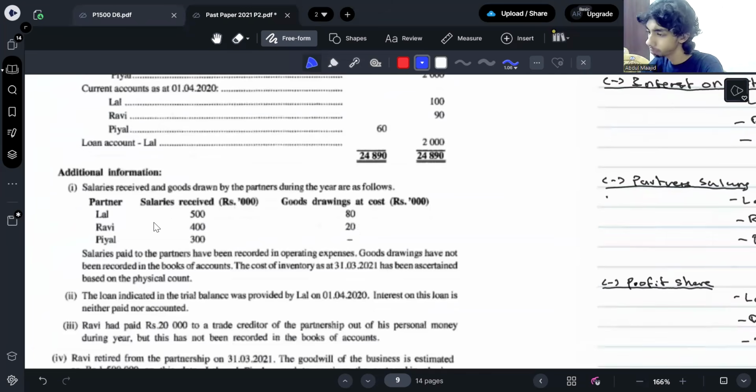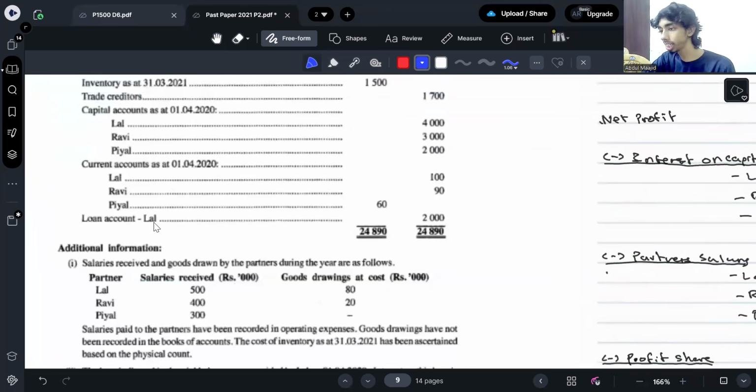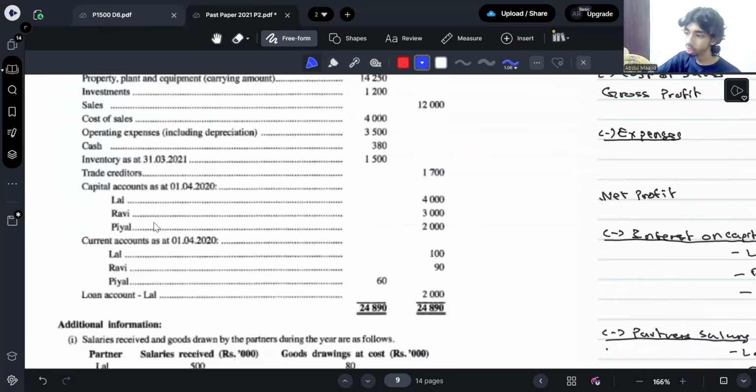Salary paid to partners have been recorded in operating expense. Good drawings have not been recorded. The cost of inventory has been ascertained based on physical count. Okay, first of all, the salary that is paid to partner is recorded under operating expense. Salaries for partners are not operating expense, right?